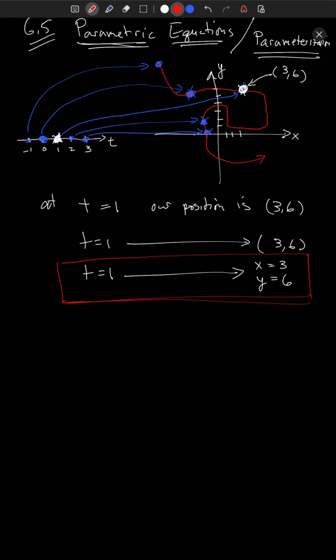Now this works for every time. So if you think about this association, you can think of the left-hand side as the input to a function, and the right-hand side as the outputs of two functions, the x position and the y position.